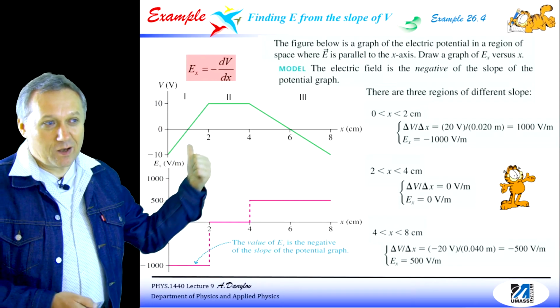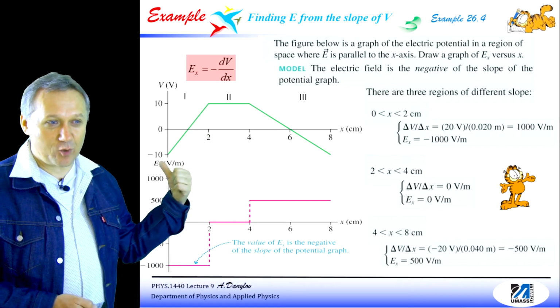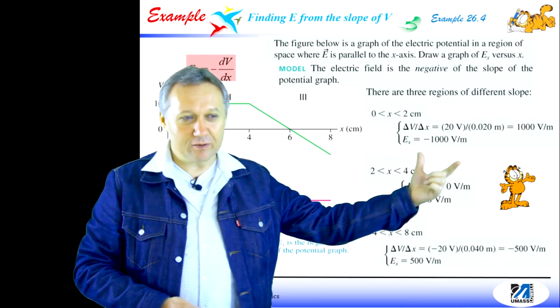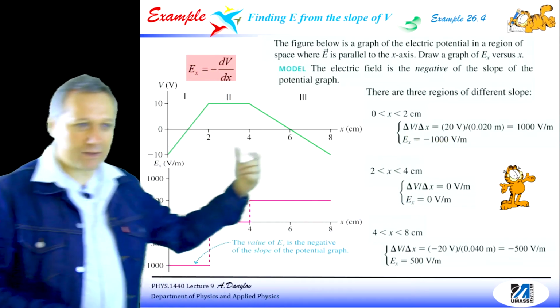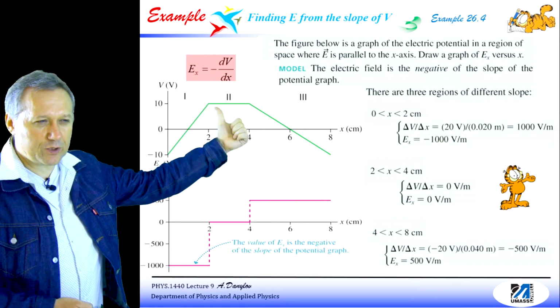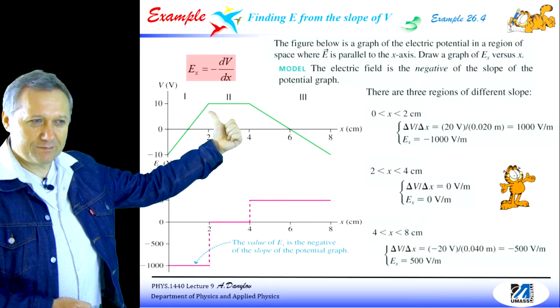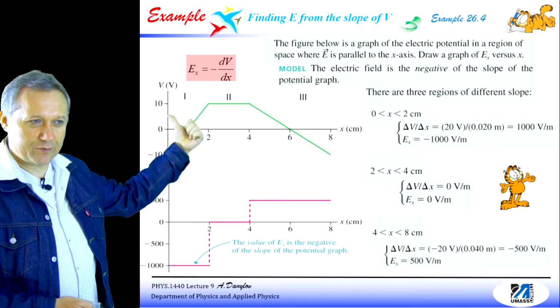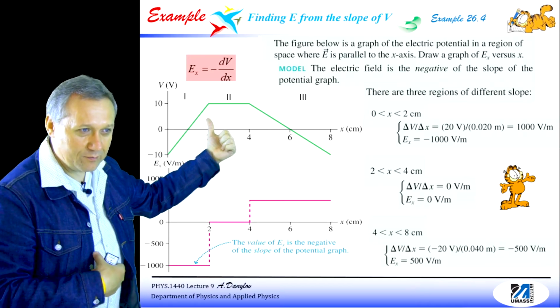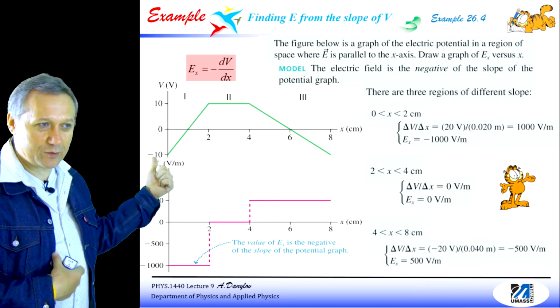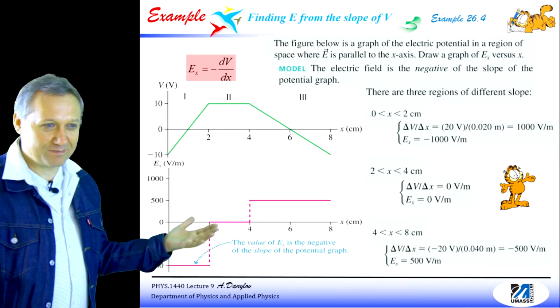So it means that here slope can be easily found. You see, in the first region, delta v over delta x. So what is delta v? Final value of v, which is what? 10 volts, right? You see final value in the first region, 10 volts. And then minus the initial value. And the initial value is negative 10. So it's a minus minus 10, right?